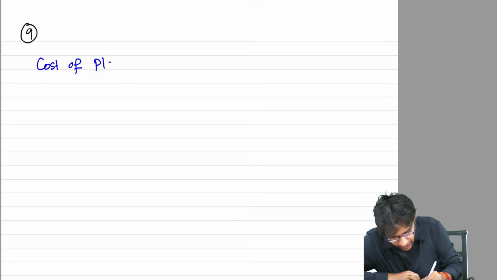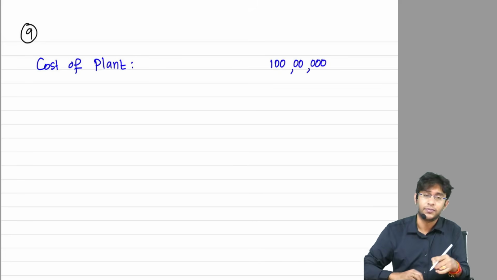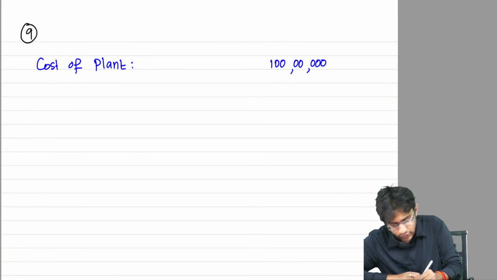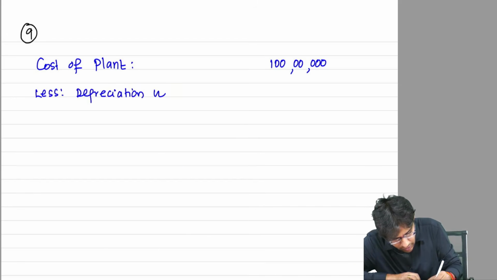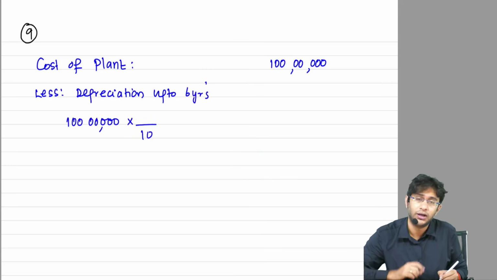Now the cost of the plant is 100 lakhs. Its life is 10 years, but this drama is happening at the end of the 6th year. So let's first provide depreciation up to 6 years. If I divide 100 lakhs by 10, I'll get 1 year's depreciation.